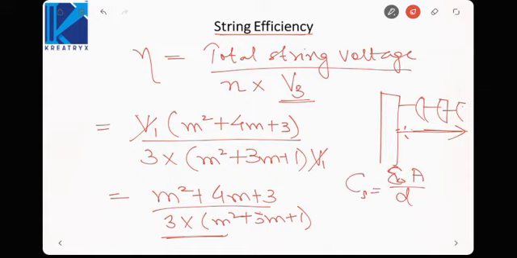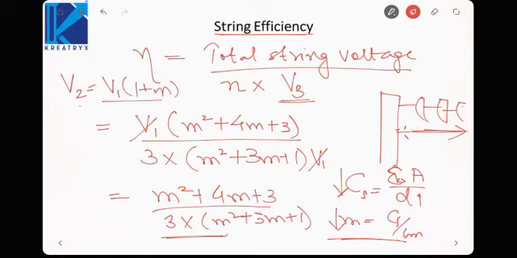Which capacitance? CS, because this was the capacitance between the disc and the tower. So this CS reduces. So M, which is CS by CM, also reduces. If M reduces, the non-uniformity in the voltage will go down, because V2 was V1 into (1 plus M).